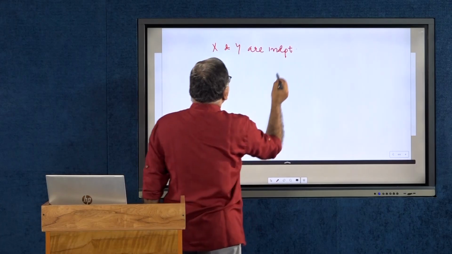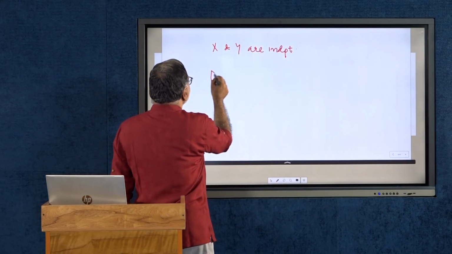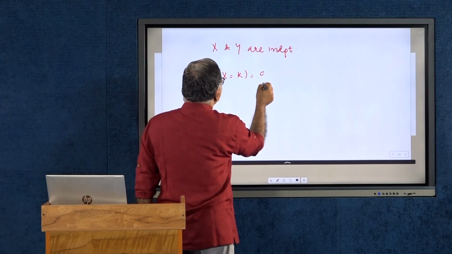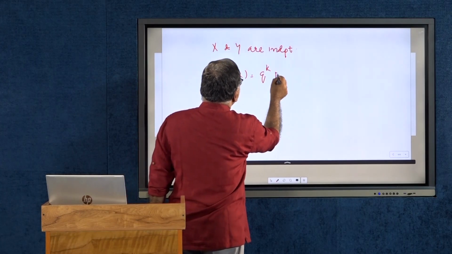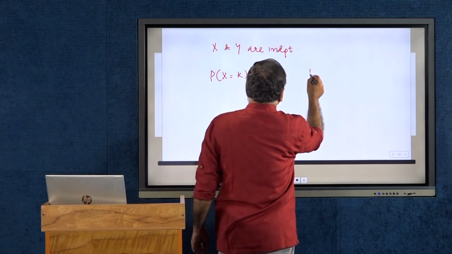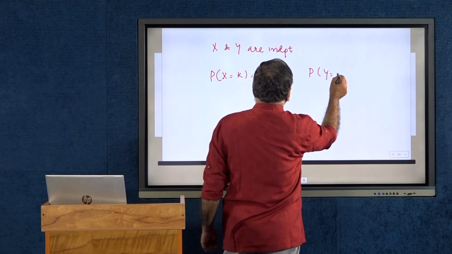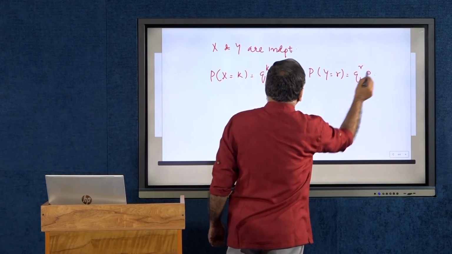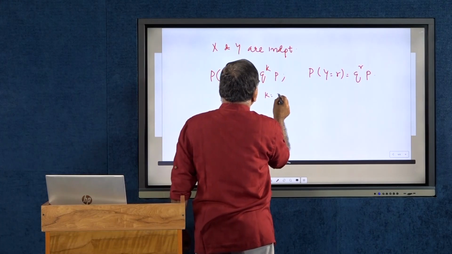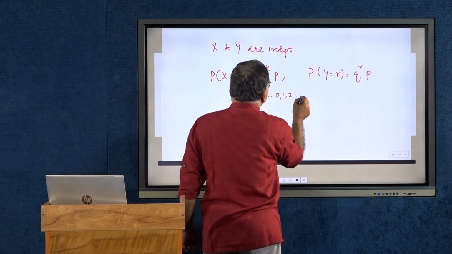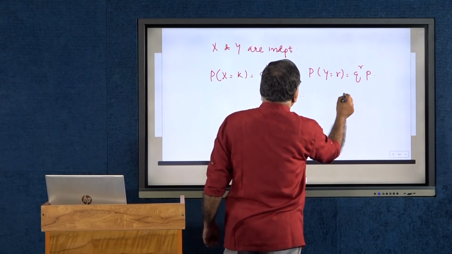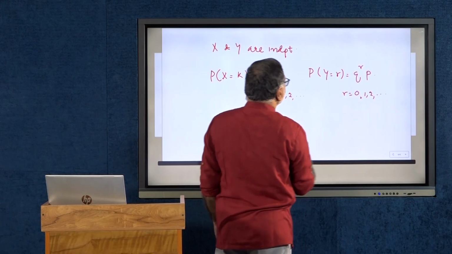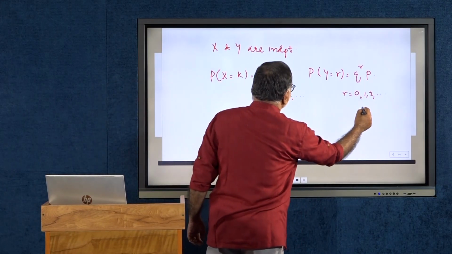geometric random variables. So, probability of X equal to some k is q power k into p, and probability of Y equal to some r is q power r into p, where k is equal to 0, 1, 2, etc. And here also r is equal to 0, 1, 2, etc. And p plus q is equal to 1.